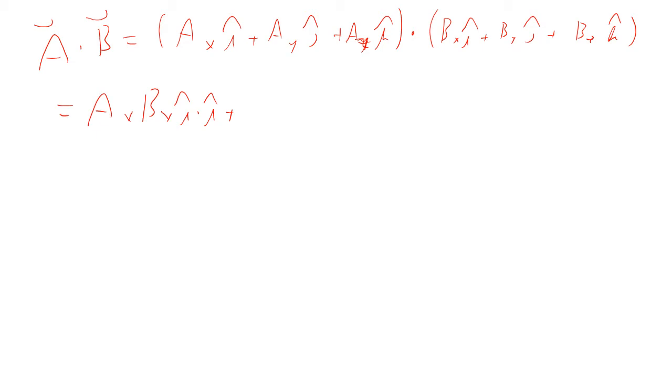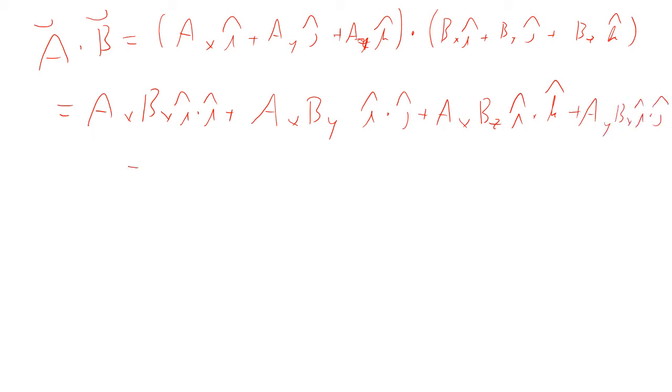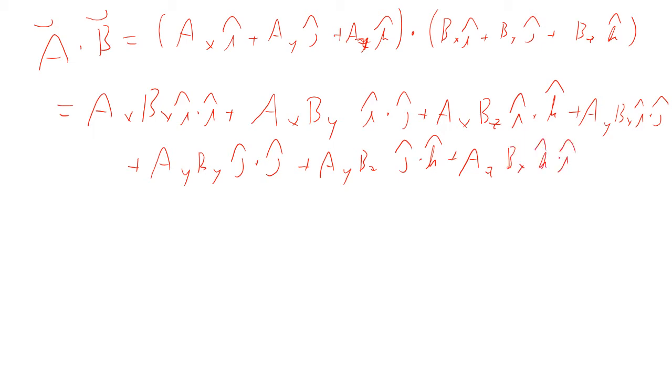This is just multiplying two polynomials. Plus AxBy, I dot J, plus AxBz, I dot K, plus AyBx, J dot I, plus AyBy, J dot J, plus AyBz, J dot K, plus AzBx, K dot I, plus AzBy, K dot J, plus AzBz, K dot K.